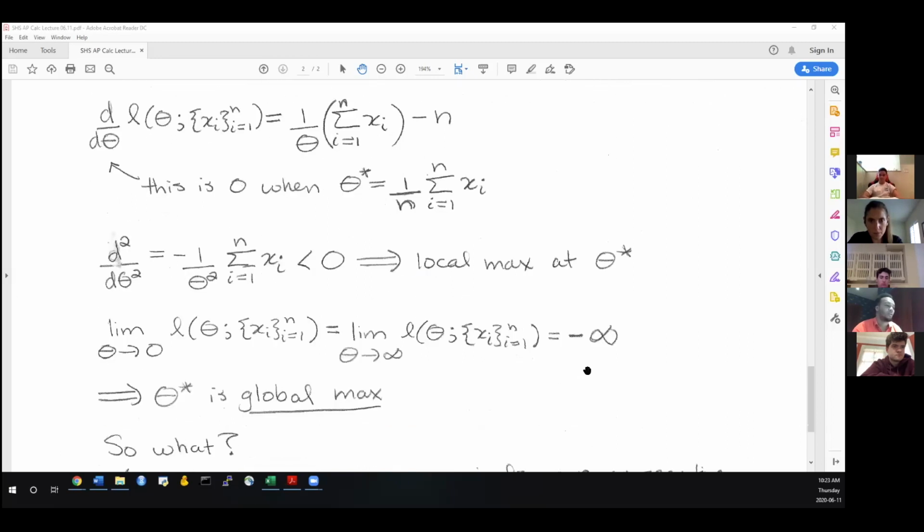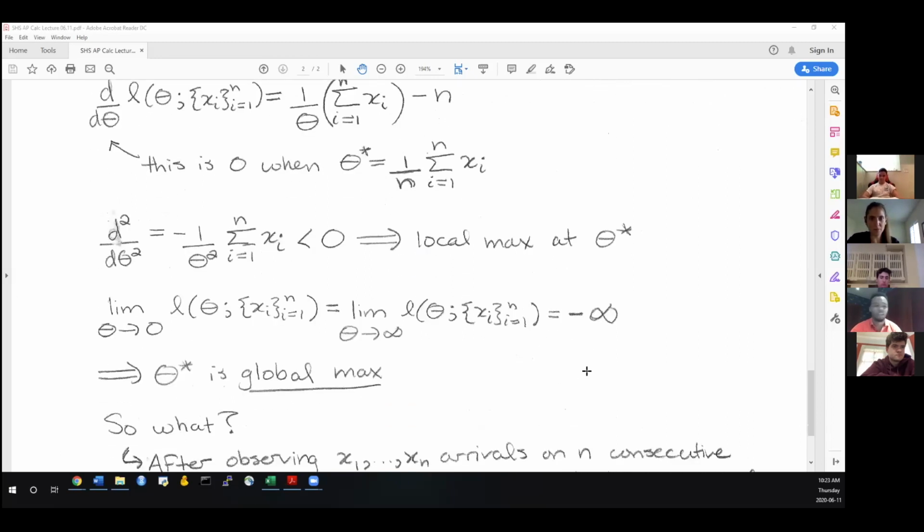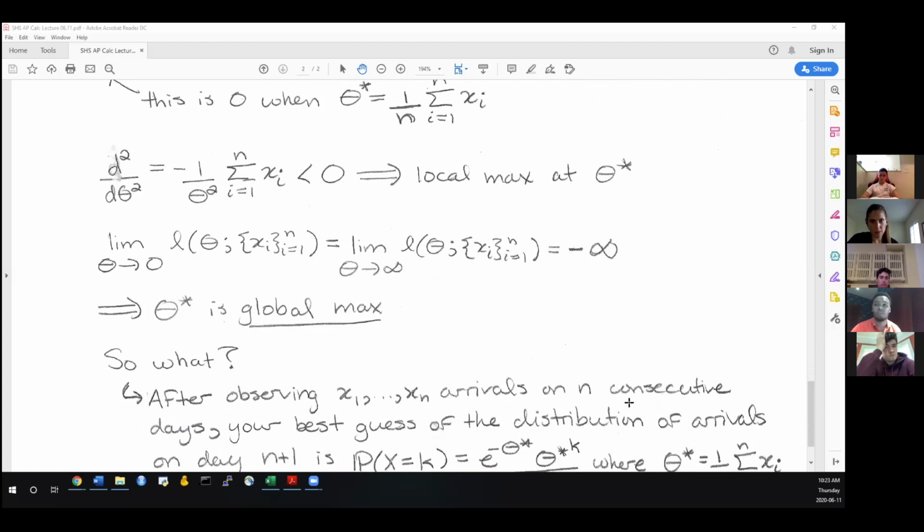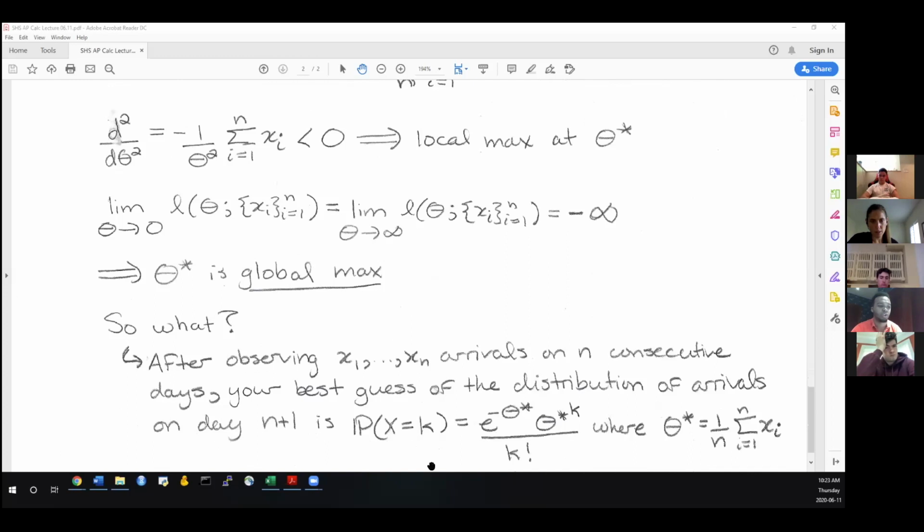So what's the upshot? It means that after observing this set of arrivals on n consecutive days, your best guess of the distribution of arrivals on subsequent days is given by this Poisson distribution, where the parameter theta star, which is what we were calling lambda earlier, is given by this average of what you've seen previously.